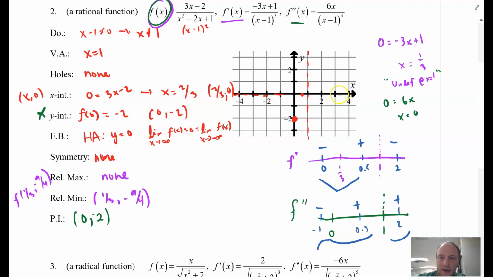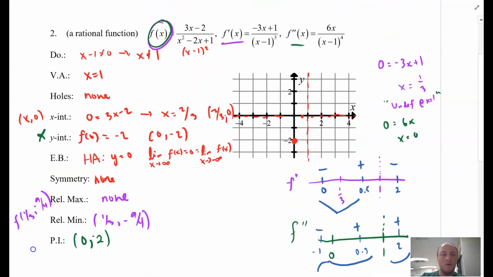I left it blank in here because this rational function comes up and pops up through here. Our end behaviors approach the horizontal asymptote, but that horizontal asymptote doesn't apply for the whole function. And then we have our relative minimum at 1/3, -9/4, so that's -2 right there.